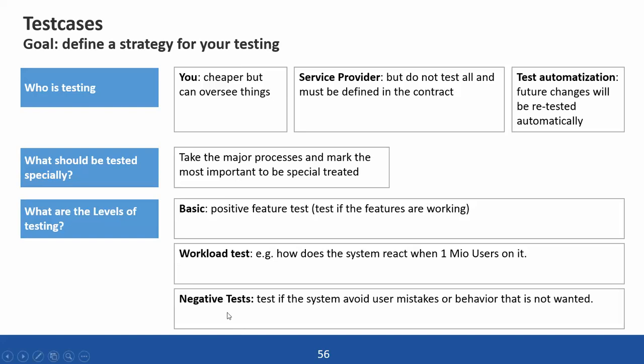And also what you have are negative tests. That means there are some things you want to avoid in your application, and you can also test that. For example, if you upload a picture, you perhaps want to avoid that people are uploading pictures with 120 megabyte size. So you test if your application is really denying pictures that are bigger than 120.